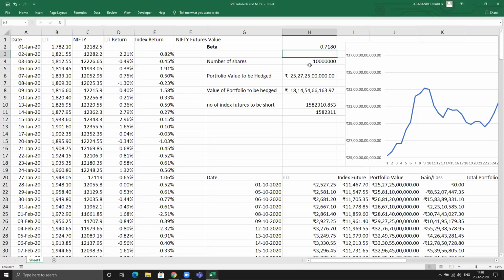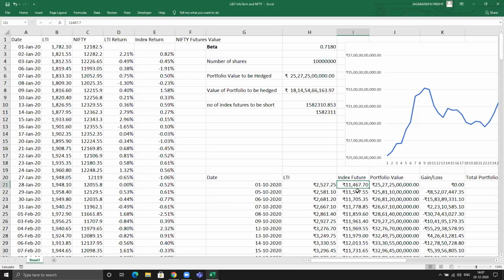Okay. Did we get the beta as 0.7180? Did we all get the beta as 0.7180? Yes, sir. Okay. Then we have LTI. How did you get this? So that's the stock value. That's the actual value.